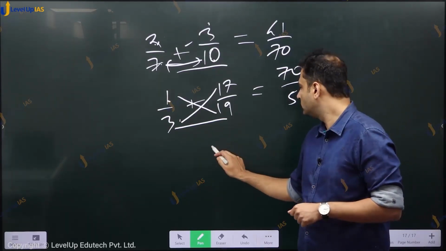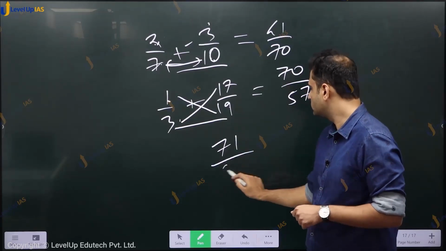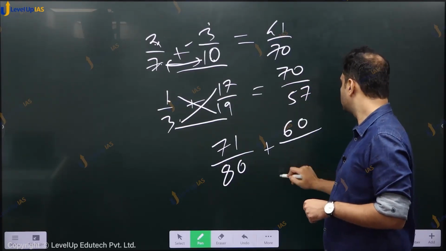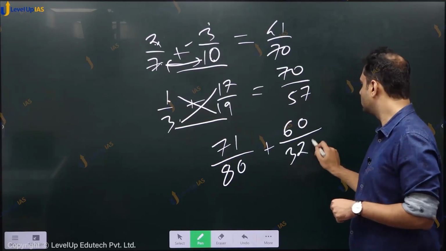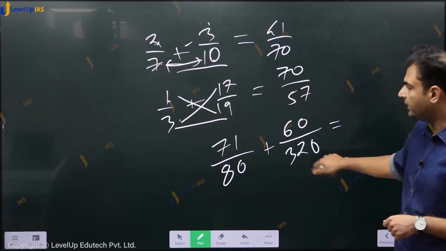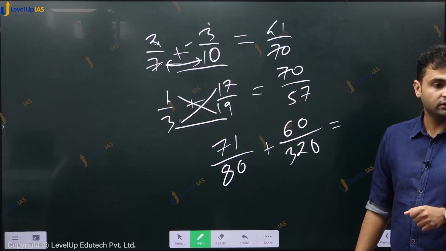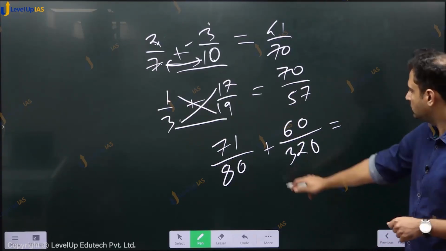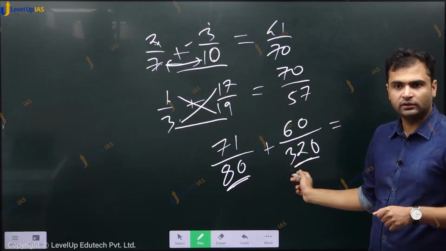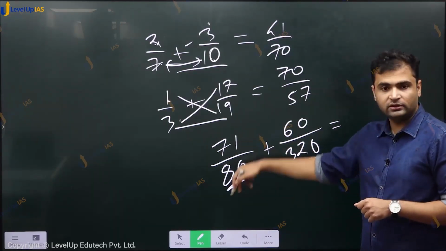One more. कैसे करोगे? ये multiply करना है. हाँ, note that LCM of these two is 320 only. So you can multiply this by 4.